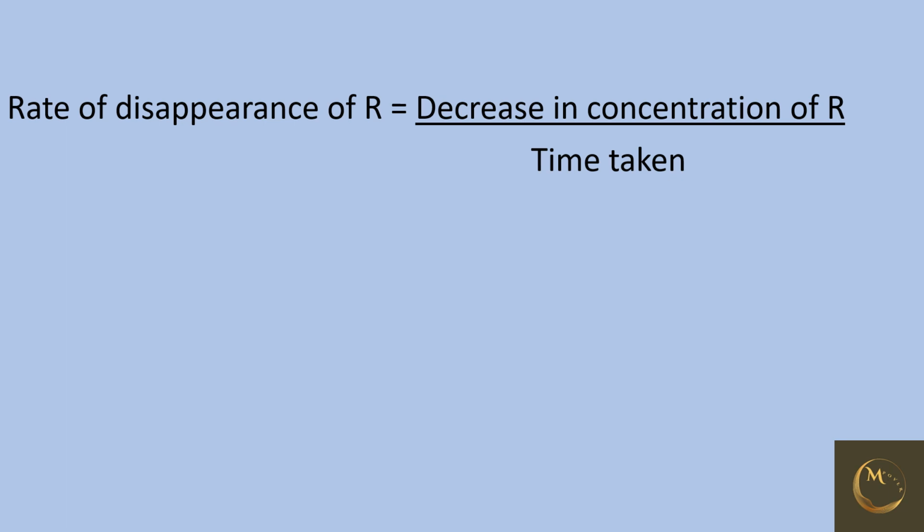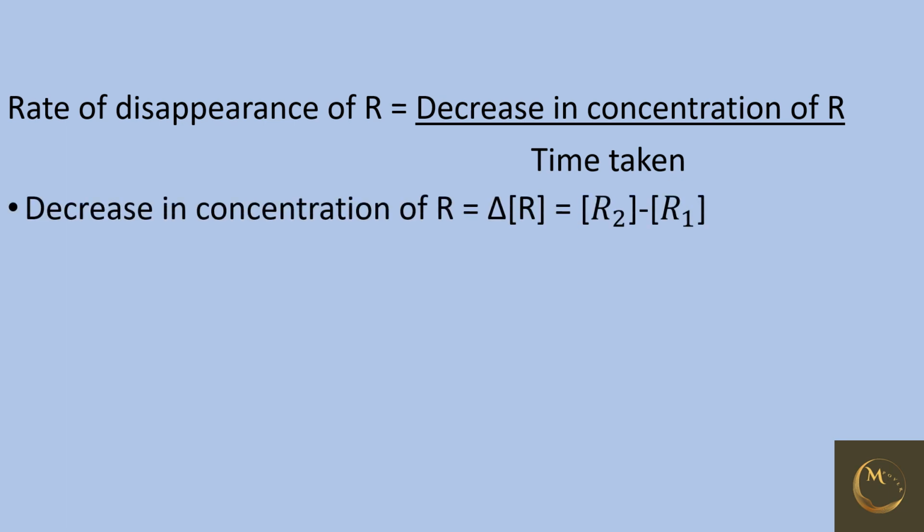Now let us see what is the decrease in concentration of R. What was the concentration at time t2? [R2]. Concentration of R at time t1 was [R1]. Therefore, delta [R], which is the decrease in concentration of R, is given by [R2] minus [R1].